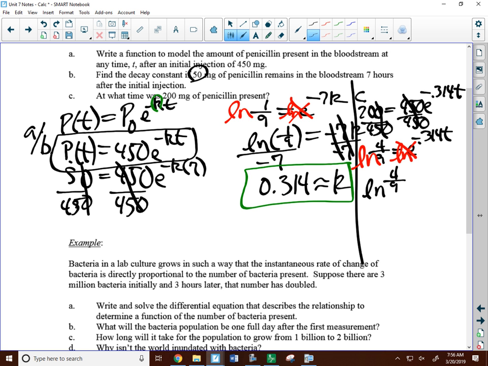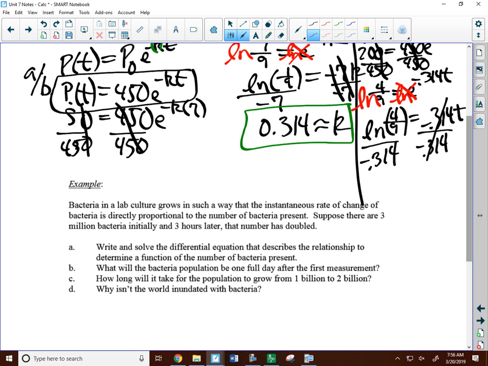So natural log of 4/9 equals negative 0.314 t, and then divide here. For time's sake, let's just give it to you: about 2.583 is what I got. Time was measured in hours, and the amount was milligrams.